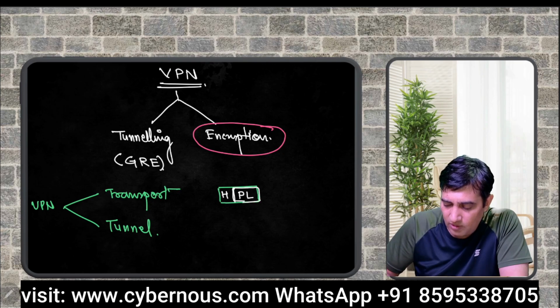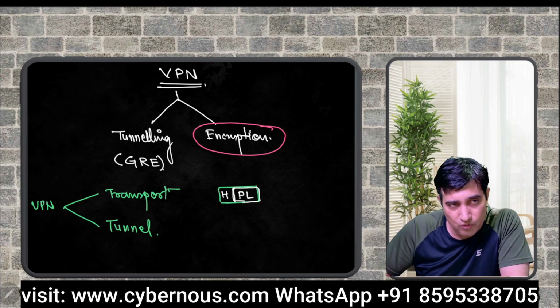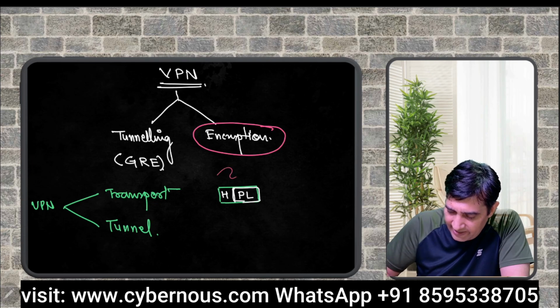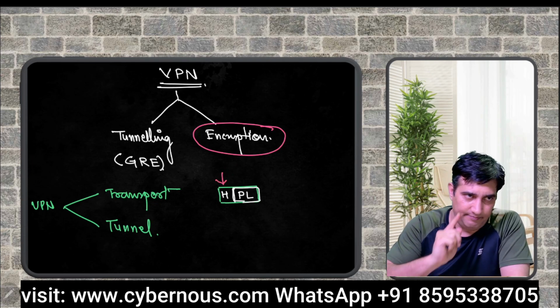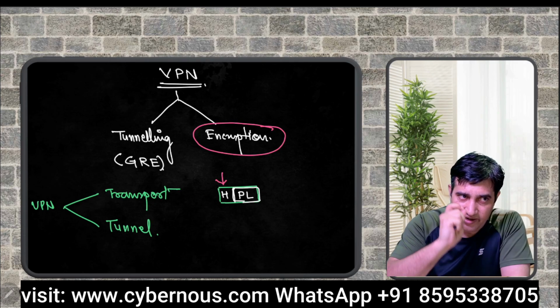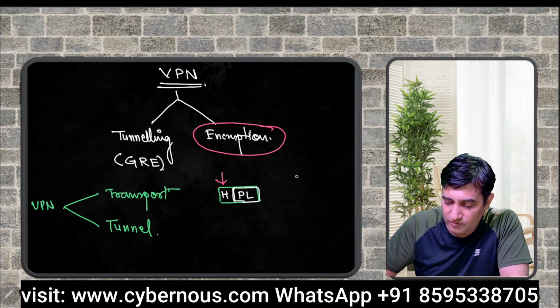Now when we use transport mode, the original header of the packet is kept intact. Please make note, the original header in transport mode is kept intact. Let's say you are using authentication header or ESP, which I am going to talk about in just a while.